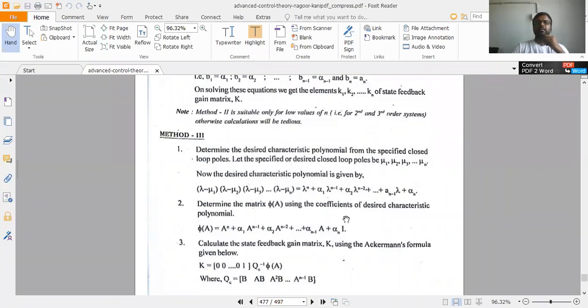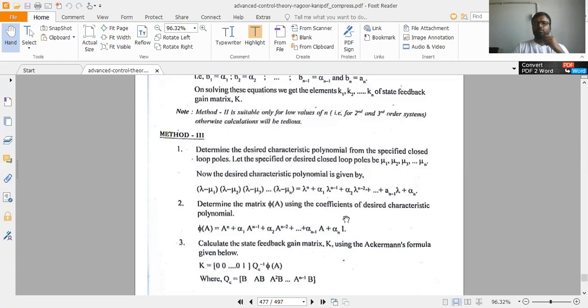Then the desired characteristic equation is given by (lambda minus mu1)(lambda minus mu2)(lambda minus mu3) and so on up to (lambda minus mu n), which is equal to lambda power n plus alpha 1 into lambda power n minus 1 plus alpha 2 into lambda power n minus 2, and so on up to alpha n minus 1 into lambda plus alpha n.